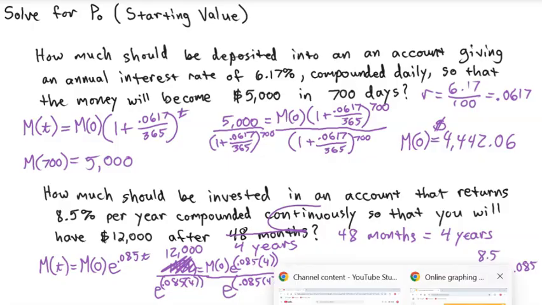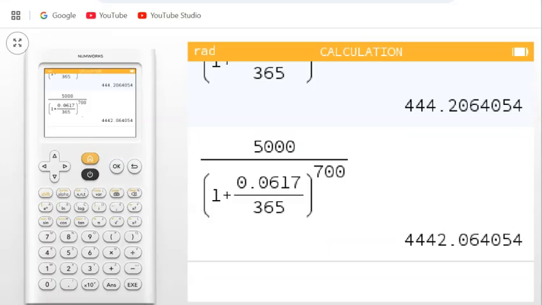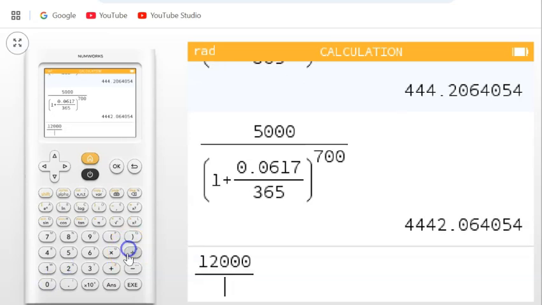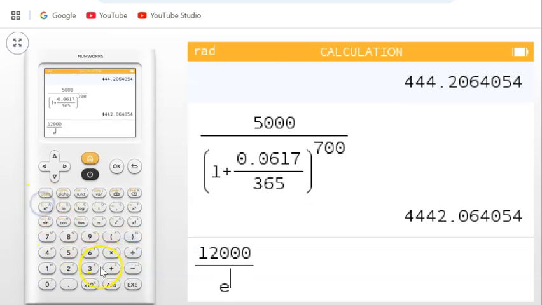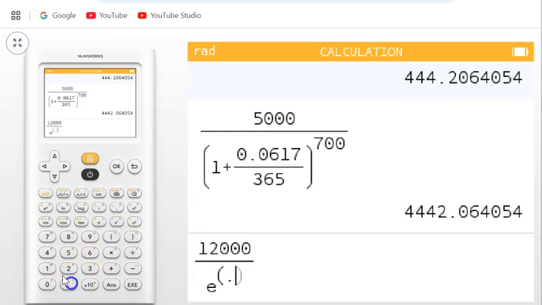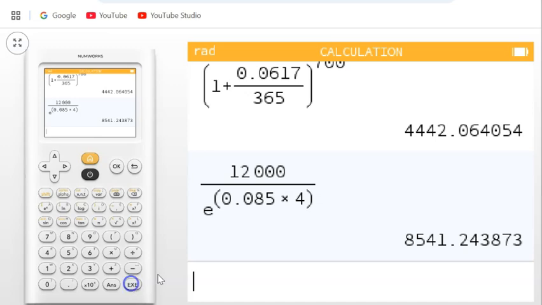So let's switch over to the calculator. And we'll do 12,000 divided by e to the power of, I'm going to do that parenthesis, 0.085 times 4, close parenthesis, enter, and we get $8,541.24.